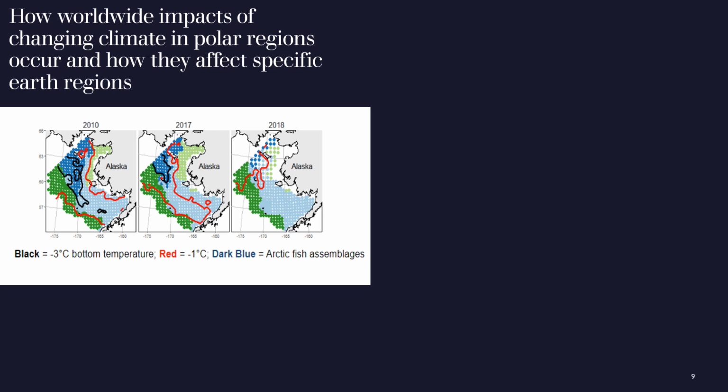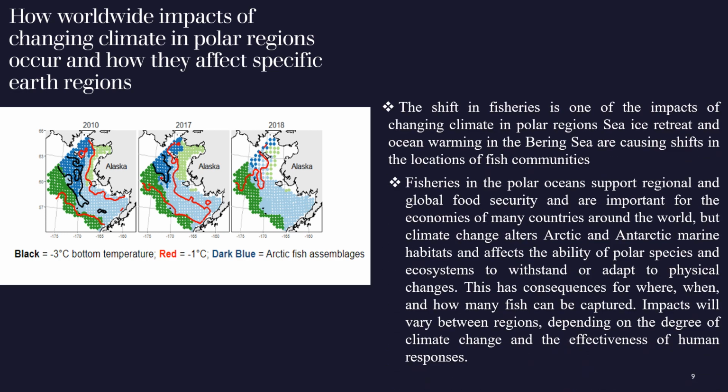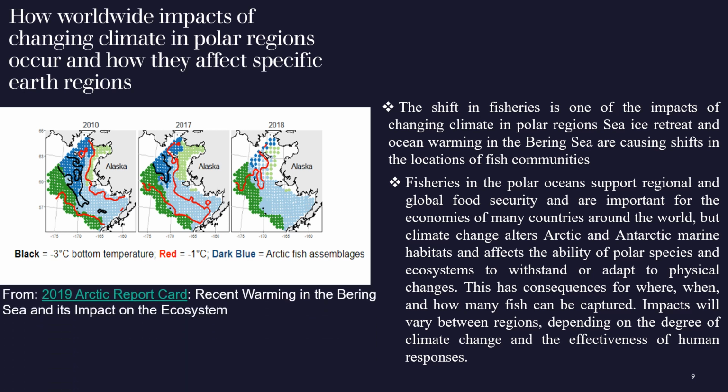So the next thing to talk about is how the worldwide impact of changing climates in polar regions occurs and how it affects specific regions of the earth. The first one to talk about is the shift in fisheries. As there is global warming and the climate is changing, fishes are also moving. If you look at the map we have here, you could see that this dark blue represents the fish.